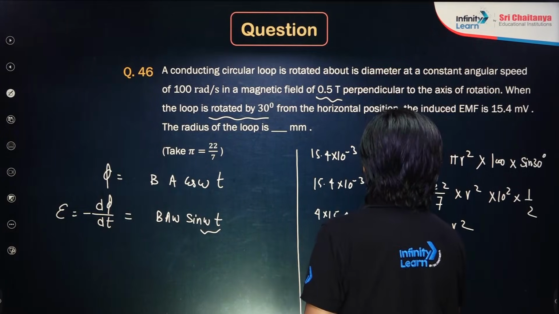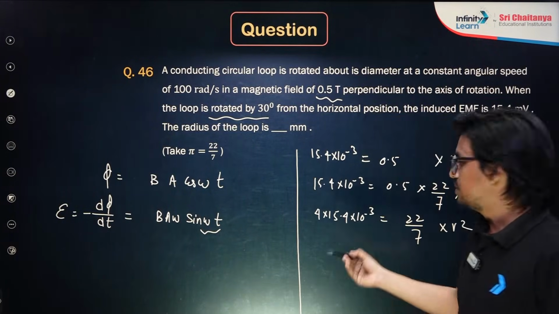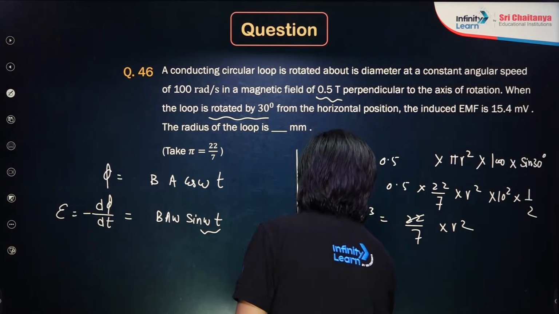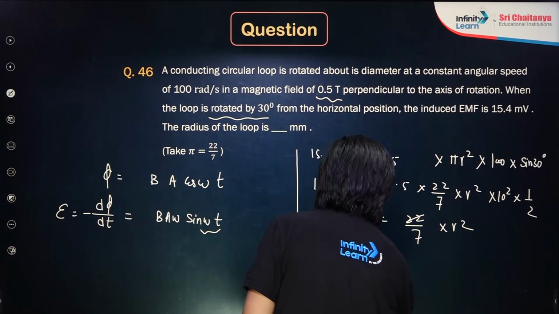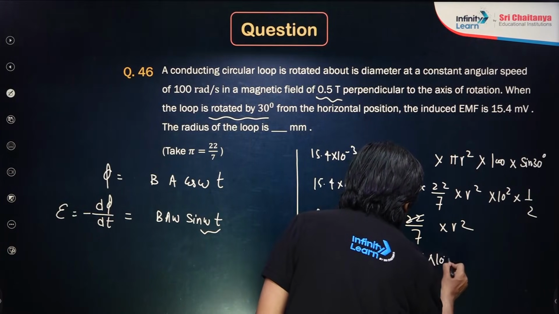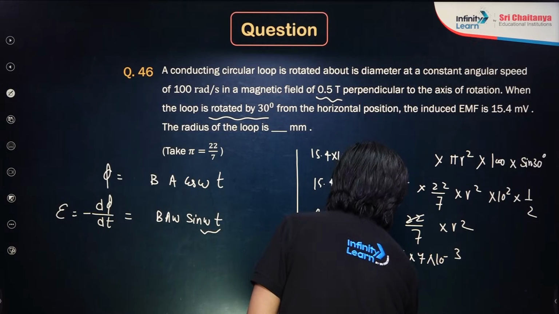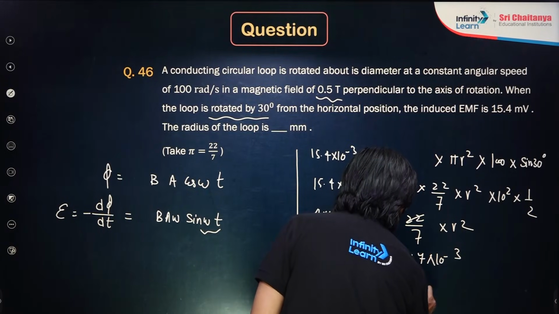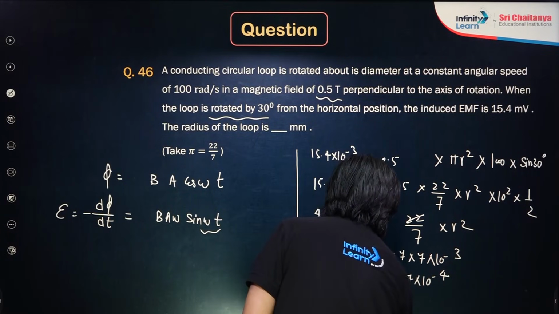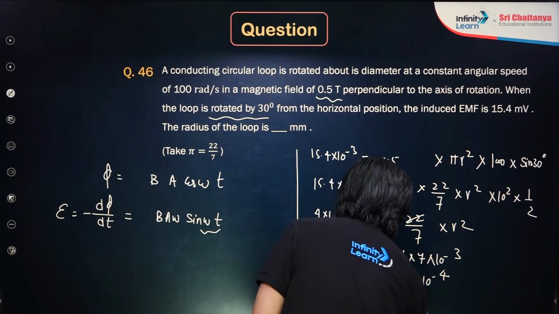If you multiply 22 by 7, so this will give me 0.7. Now you can write this small r square is equal to 4 into 0.7 into 7 into 10 raised to the power minus 3. Okay, so you can get 4 into 7 into 7 into 10 raised to the power minus 4. You can get r is actually 2 into 7 into 10 raised to the power minus 2.